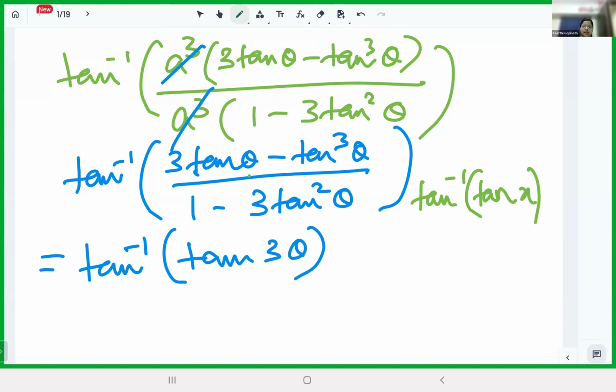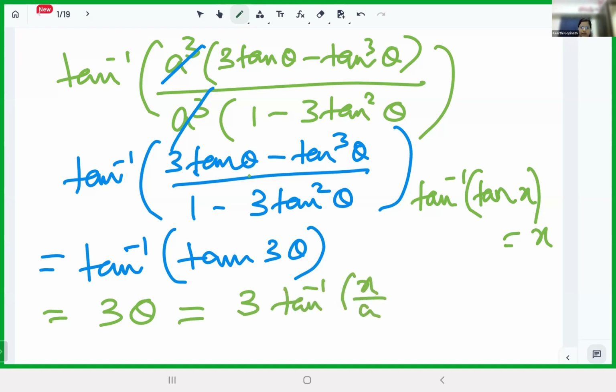So similarly, tan inverse of tan 3 theta can be written as 3 theta. But we cannot stop here because we have to convert this theta value in terms of x, because our question is a function of x, right? So substituting the value for theta, it will become 3 into tan inverse of x by a. Okay, is that clear to you?